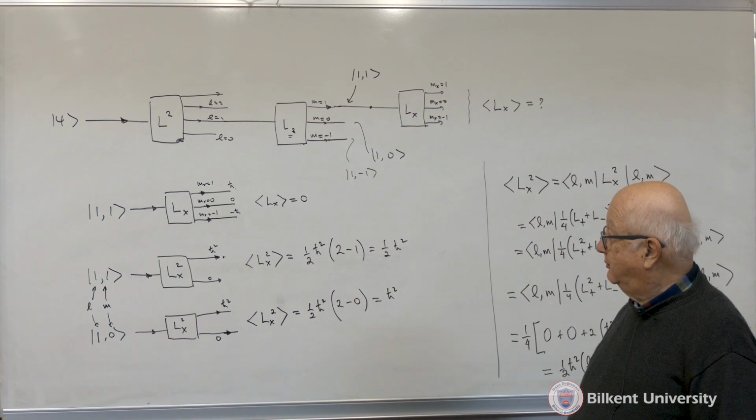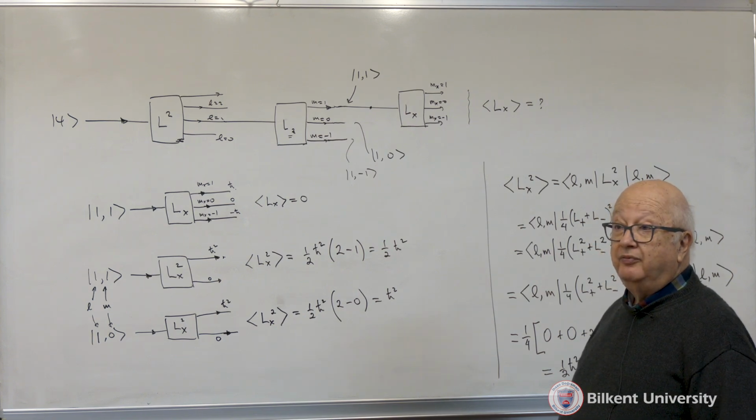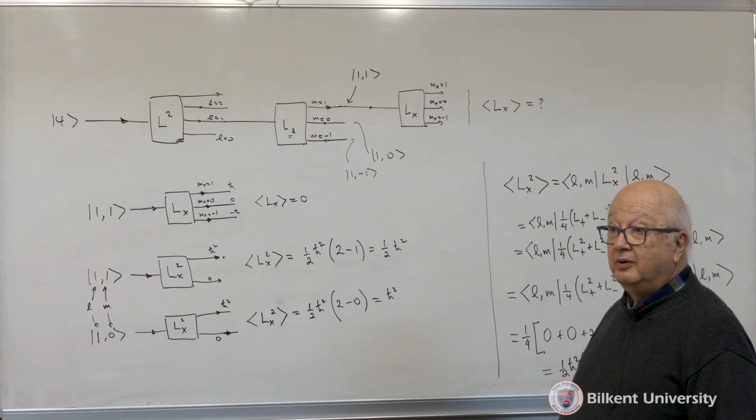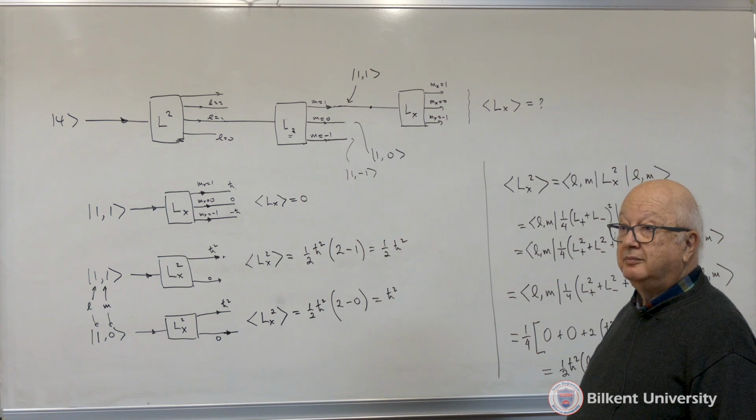We must have a mistake. No, why do you say that? Because in here we just know that the Lz momentum is 0, so the sum of squares of Lx and Ly must be 1.